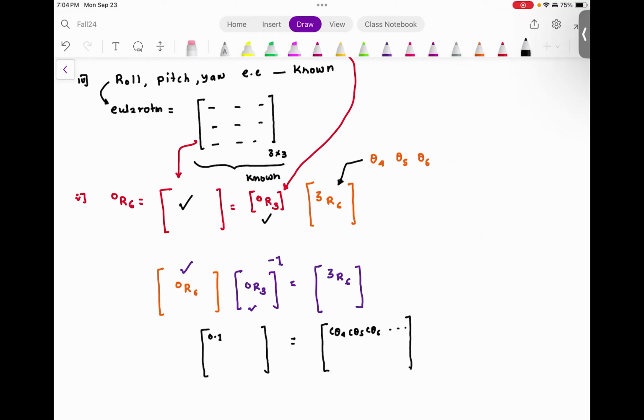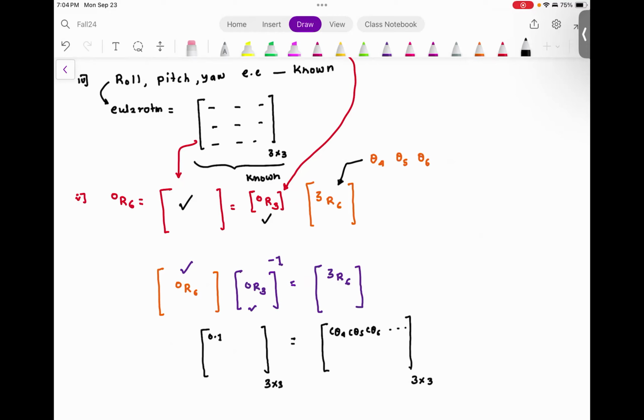So every term in this 3x3 matrix is a product of theta 4, theta 5, and theta 6. Do you agree with me? Which means you have 9 equations to find only 3 unknowns.